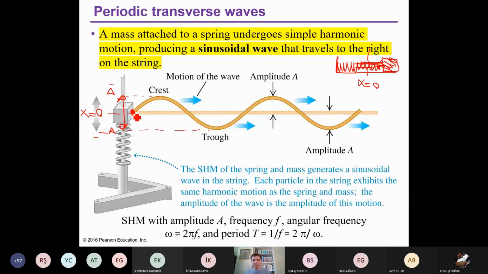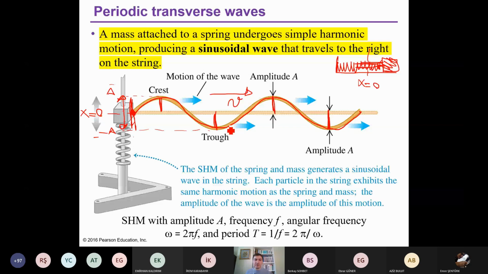Then we have amplitude here, same amplitude here, same amplitude here, same amplitude here, and we have motion of the wave. This wave moves to the right side with some certain speed, okay? And this wave has certain amplitude, has certain frequency, has certain angular frequency, okay?